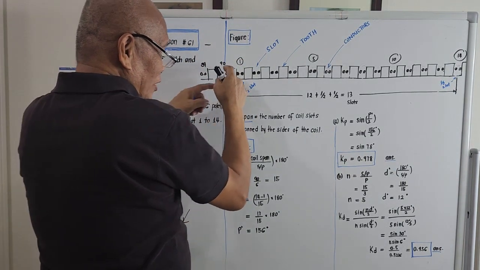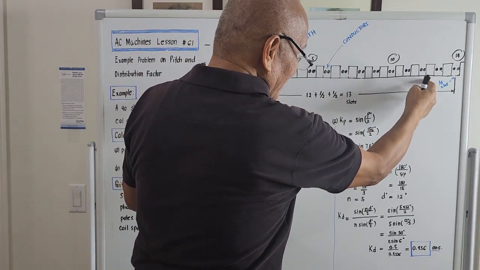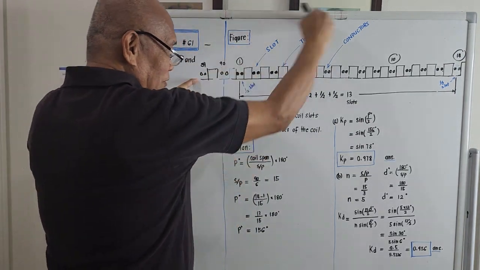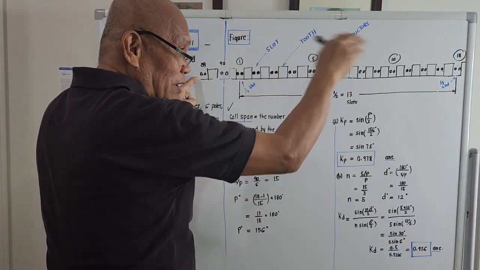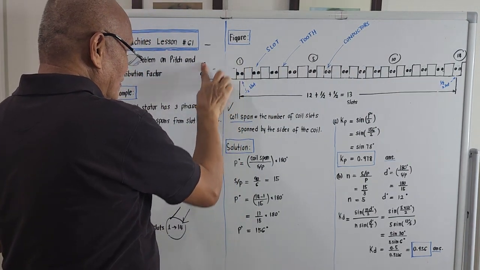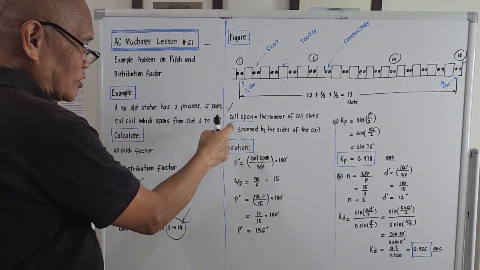Then it will come out at slot number 13, then enter at 89 to maintain the lap winding connection. I will erase this one. So that's coil span.